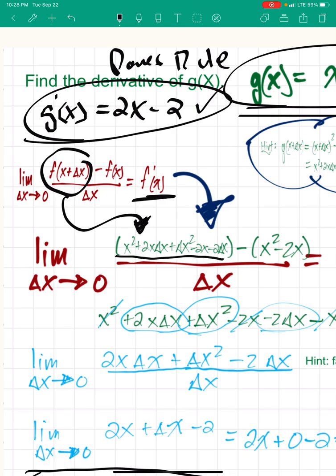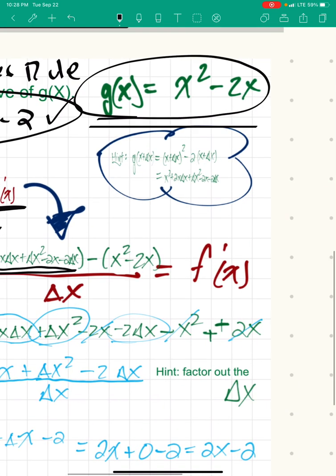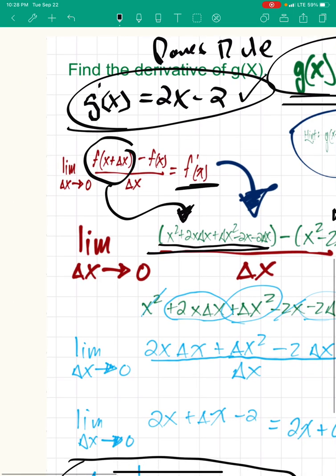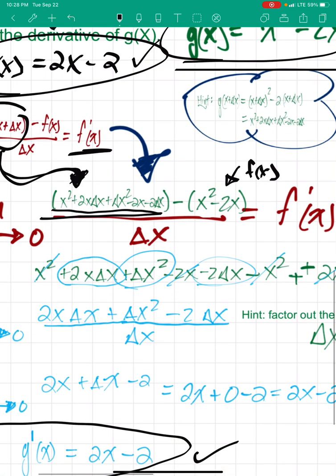That's all of this. Over here, it's just minus f of x. So I just copy the function, x squared minus 2x, and we're good. Okay, so to recap, this first part is f of x plus delta x minus just the function f of x all over delta x.